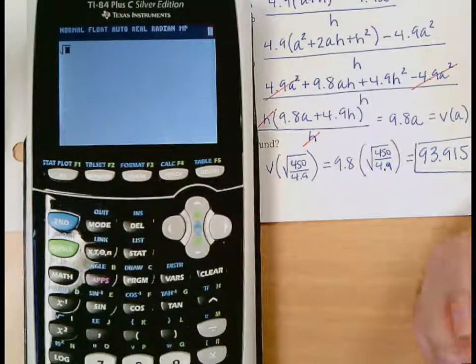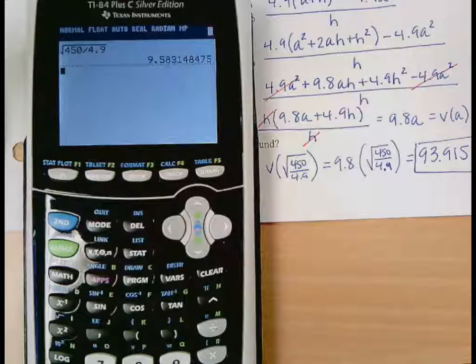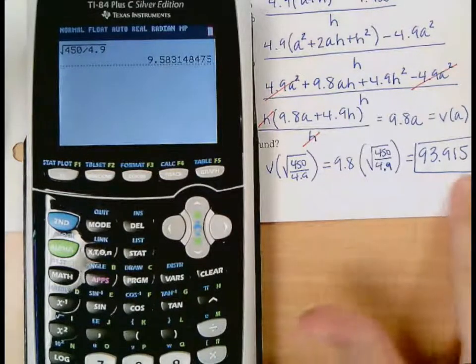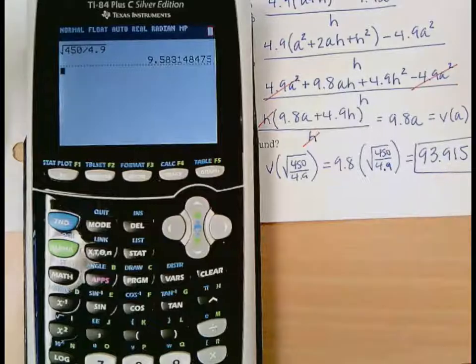So you type in the number first, so I would do the square root of 450 divided by 4.9, hit enter so that your calculator gives you a value. So this is the number that you do not want to round and then substitute in a rounded answer because it can change your answer in the end and then you would get it wrong on the AP test.